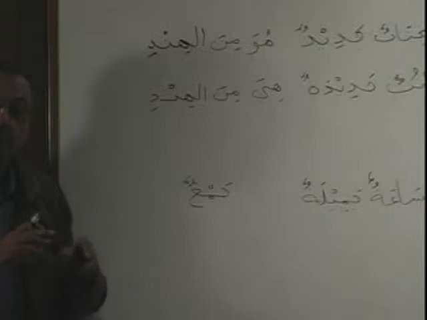Okay, so instead of saying army, instead of saying jundun, he used the word jamun, but jamun means also group. It could mean troops or a gathering or a group of people.